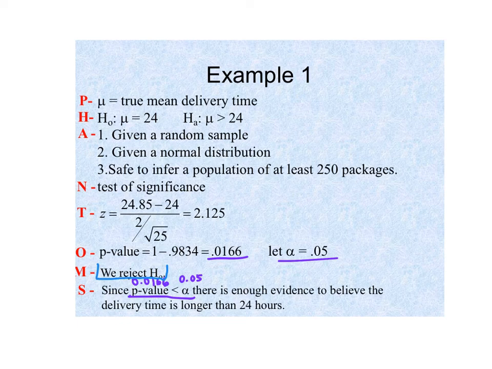But since our p-value is less than 0.05, we're going to reject the original claim because there's not enough evidence to believe the alternate claim, HA.